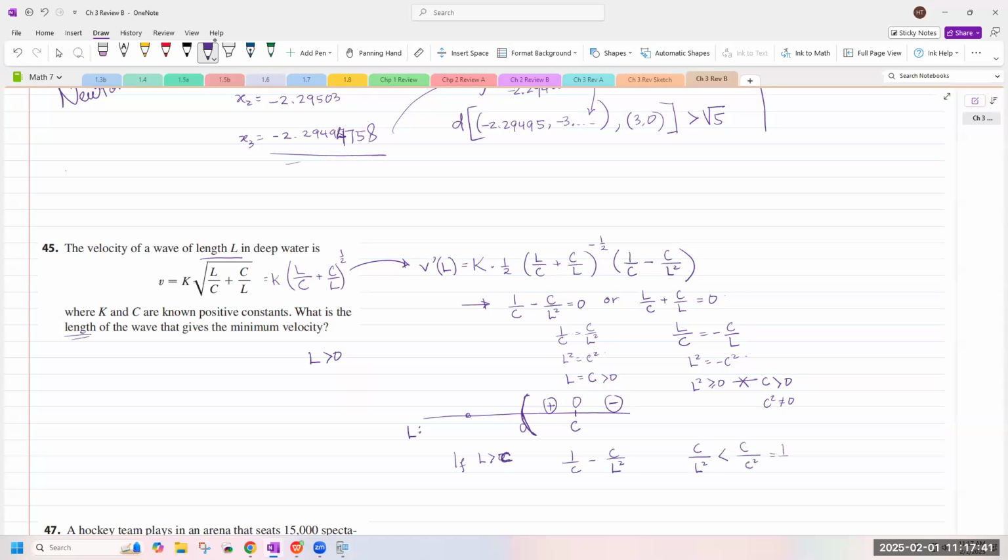Which is 1 over C. Which means 1 over C minus C over L squared is positive. Oh, so this is positive. Now that makes sense. I made a miscomputation there. This is negative. Now from here we see that there is a local minimum at L equals C.